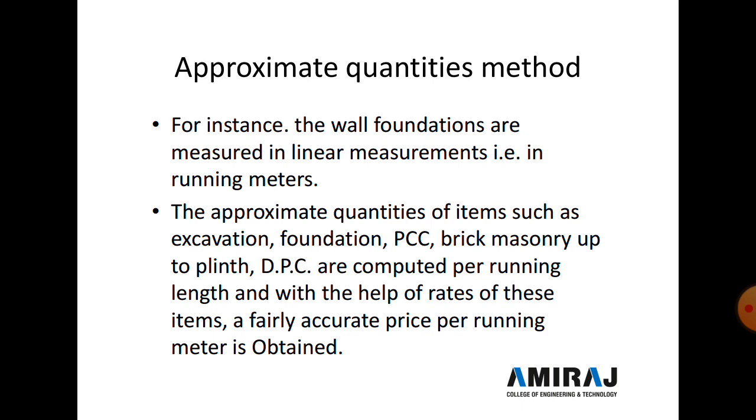The approximate quantities of such items, excavation, foundation, PCC, brick masonry up to the plinth, DPC are computed per running length, and with the help of rates of these items, a fairly accurate price per running meter is obtained. And this price when multiplied by the total running measurement gives the approximate cost of the building up to plinth level.